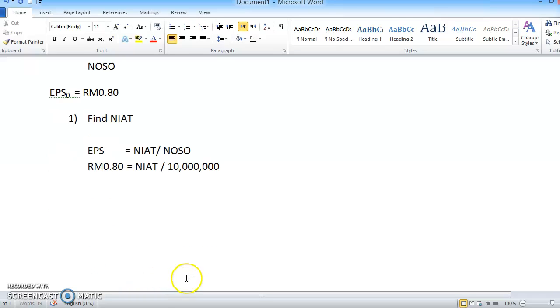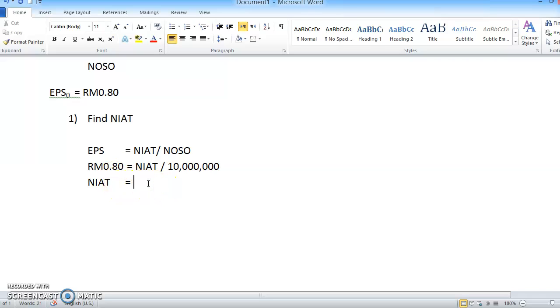Next, just use the mathematical formula, so you will find the net income after tax. So how much will you get? Yes, this 10 million times the 80 cent. So how much will you get?